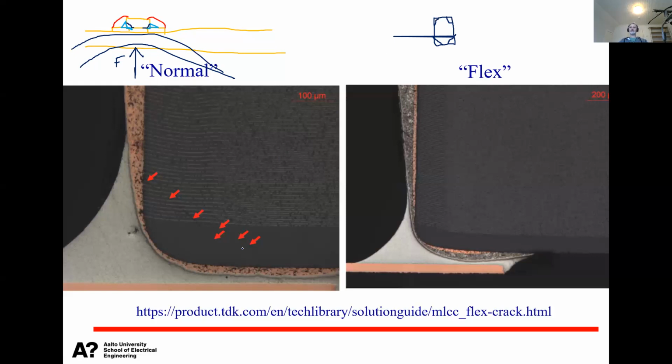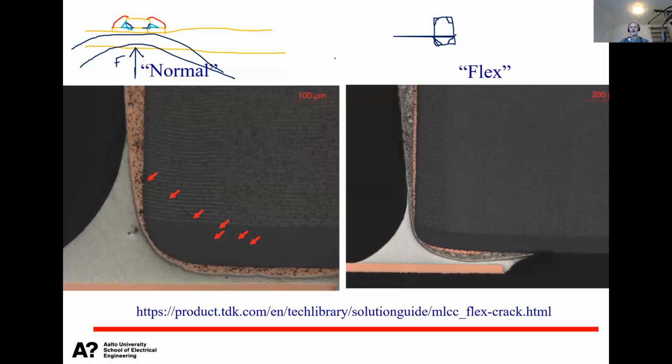Sometimes they can be so close to the corner that they don't even touch the electrodes. Here you can in fact see the electrodes, and this gray material is the dielectric, the barium titanate, which is in between the capacitor plates.